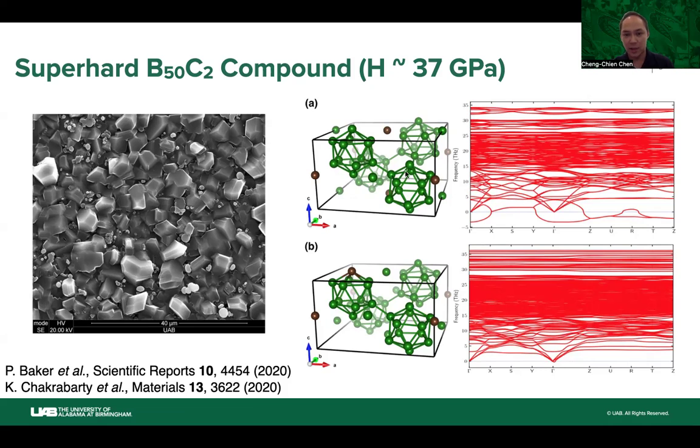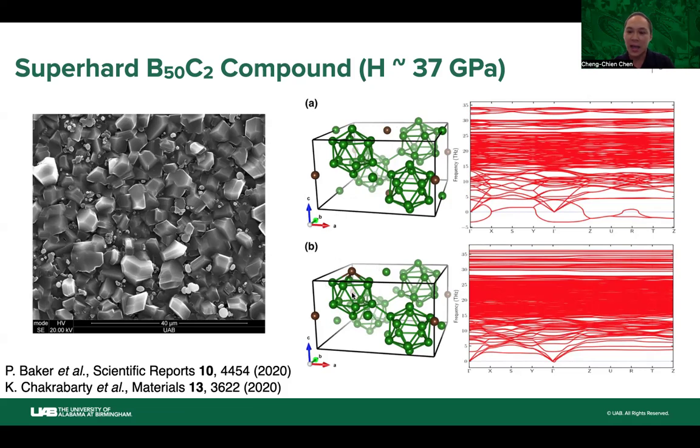They have boron-12 icosahedra, together with extra boron and carbon atoms lying at the high-symmetry Wyckoff positions of this crystal. And in the bottom structure, we have a carbon atom replacing one of the boron atoms in the boron-12 icosahedron.